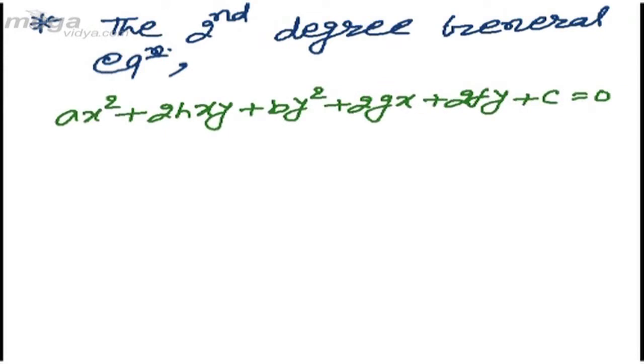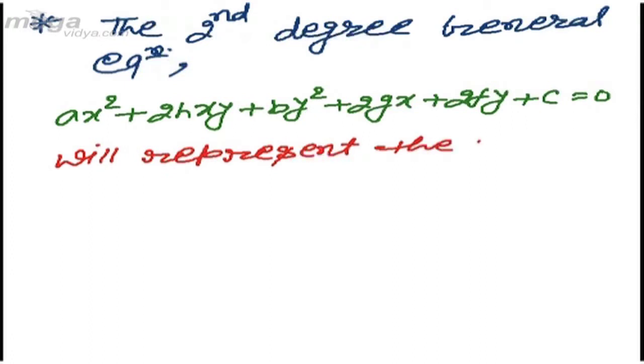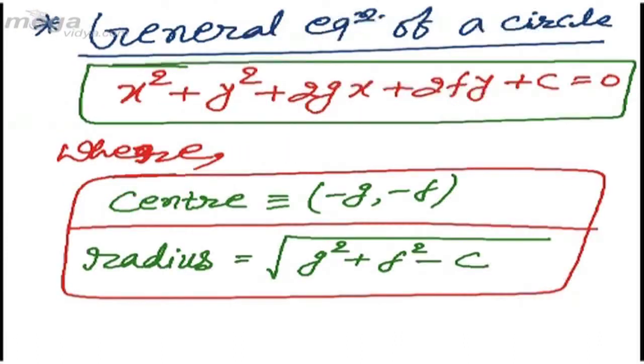This equation will represent the equation of a circle. When will it represent? Just see here, in this general equation of the circle, the coefficient of x square is 1, the coefficient of y square is 1. That means the coefficient of x square and y square both are equal.